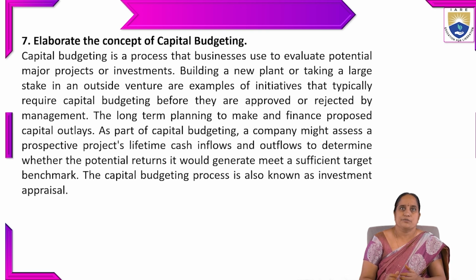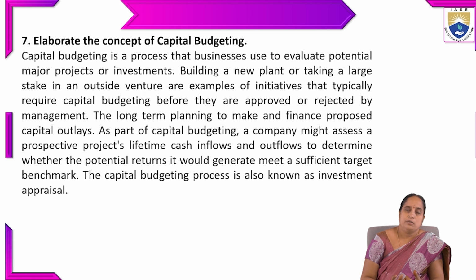There are different kinds of methods under capital budgeting. Basically, we classify them into two types: traditional methods and modern methods. The traditional methods ignore the time value of money, and include the payback period method and the accounting rate of return method. These two methods are based on the net profits of the organization.